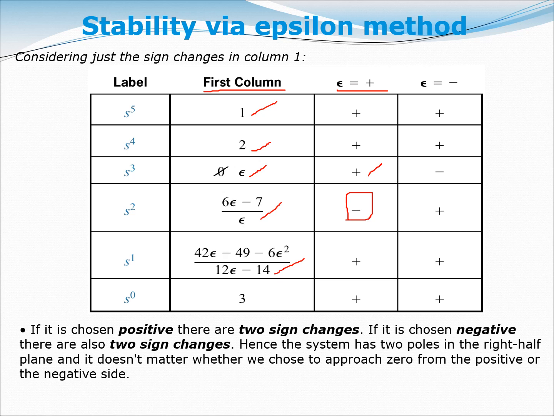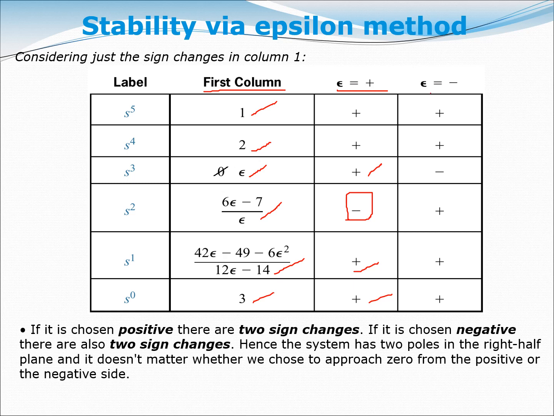So you get positive here and 3 is positive. So how many sign changes? You can see 2 sign changes. So we say that the system is unstable, and since there are 2 sign changes, it has 2 poles on the right half plane.